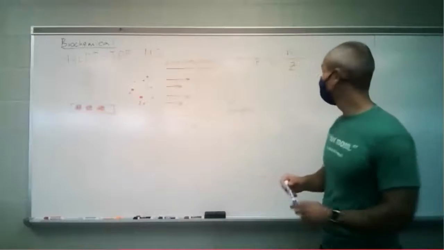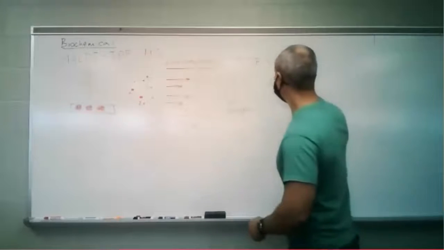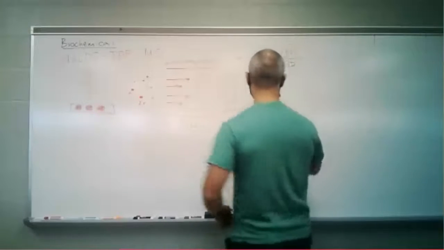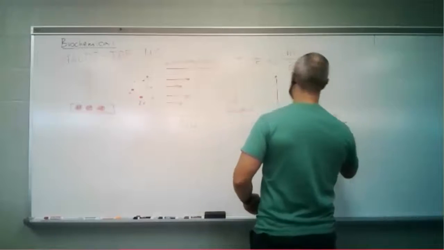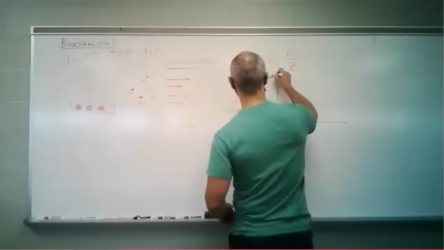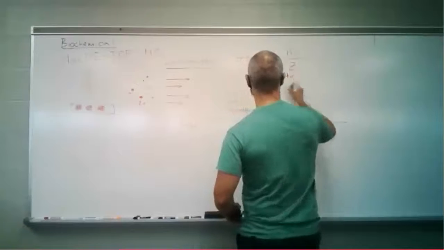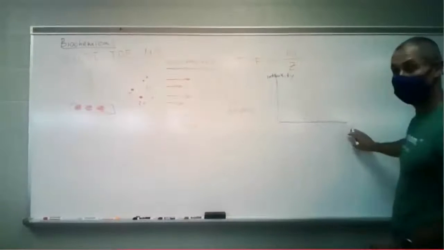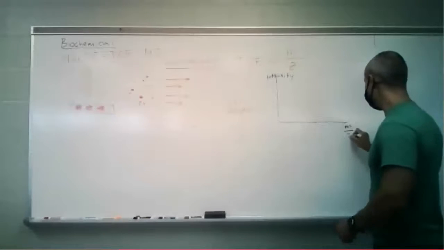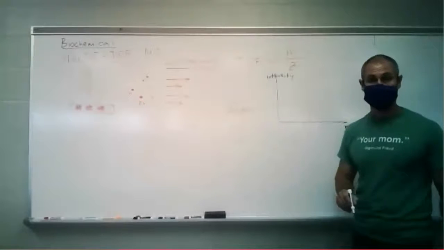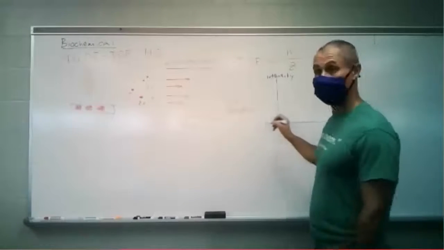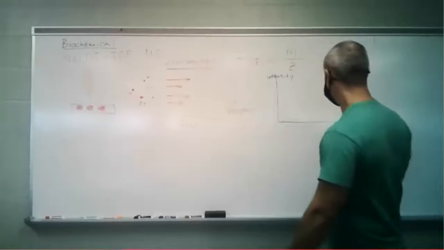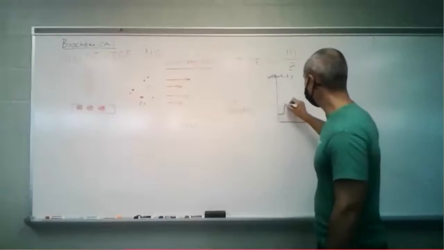Got it? So in the end, what you can see after the detector is the graph where on the y-axis it's intensity, and on the x-axis it's mass to charge ratio. Okay? And you're going to see something like this.